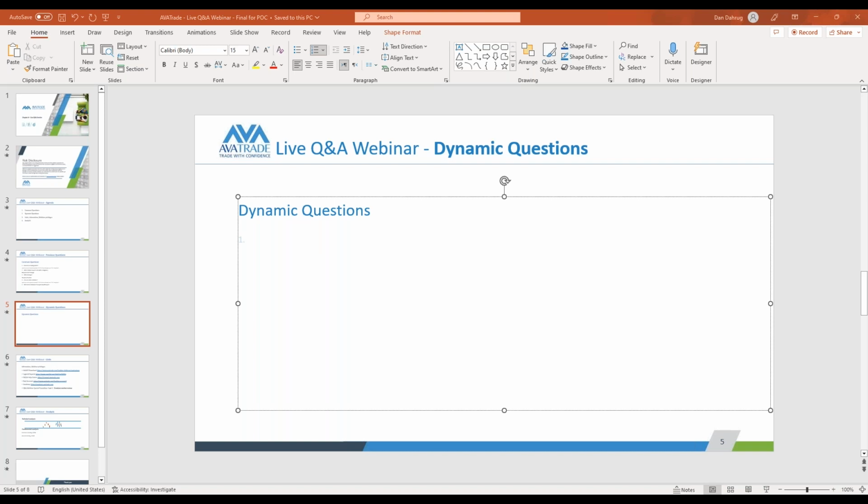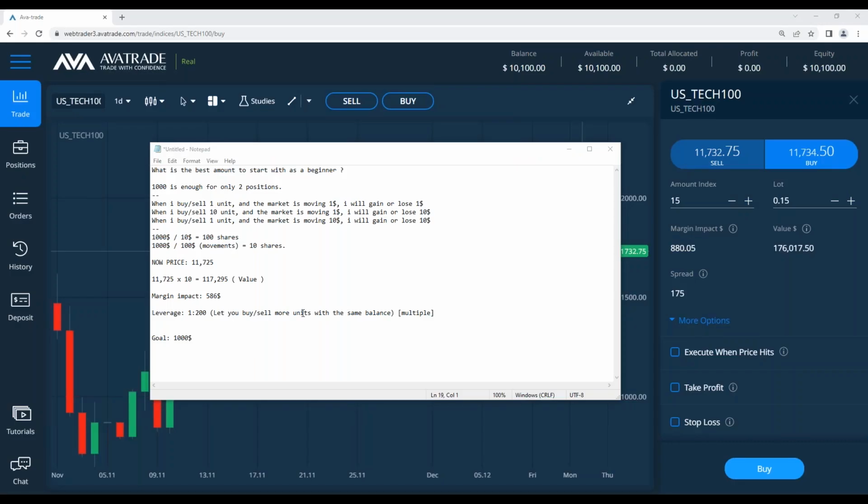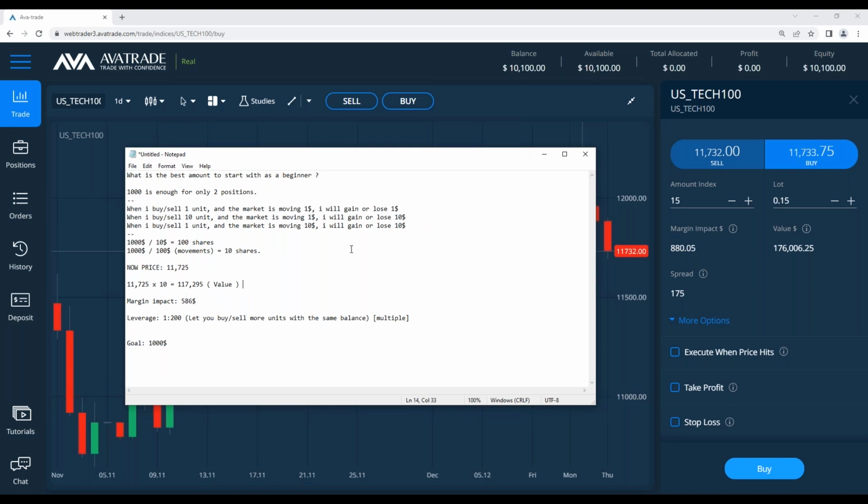Why do I have to sustain my margin level? Thank you for this lovely question. Albert is asking how the margin works. The margin works the same way I've explained here. It depends on the leverage that you're given.